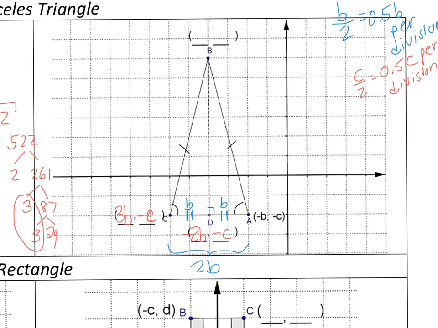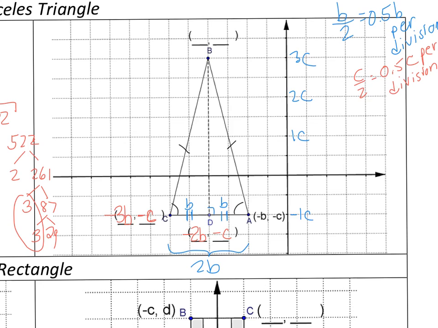So if we look at our scale from a y perspective, this is negative 1c. So this is 1c. Another division will be another c. Why don't we label that? 1c. Go up 2 more, 2c, and 3c.